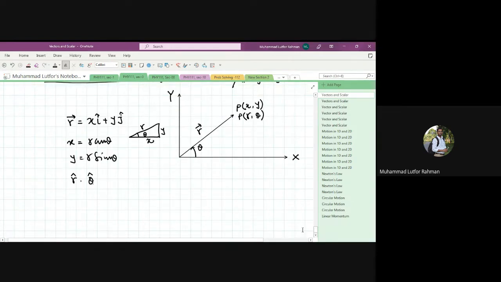To find that out, first I'm going to find the direction of these unit vectors. To find the direction, can someone tell me what was the direction of i hat and j hat in Cartesian coordinate system?